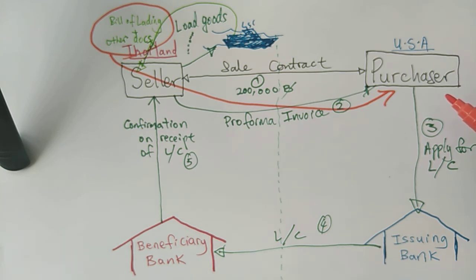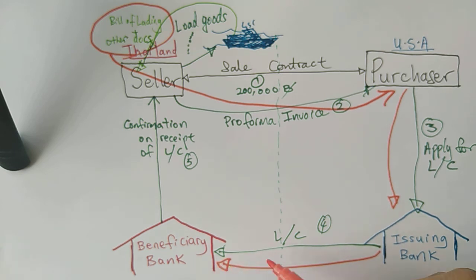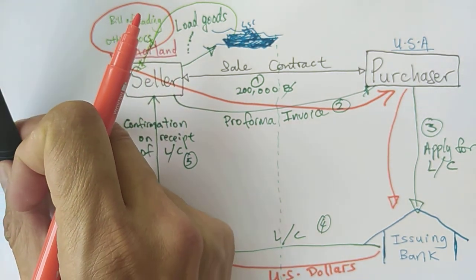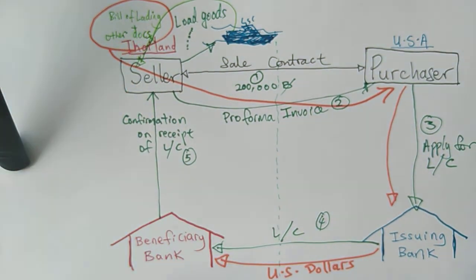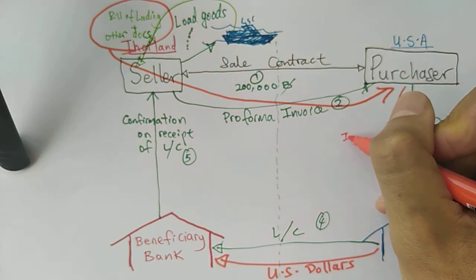When the purchaser gets this, the purchaser would inform the issuing bank to pay the purchase price. Alright, I'll put here inform.